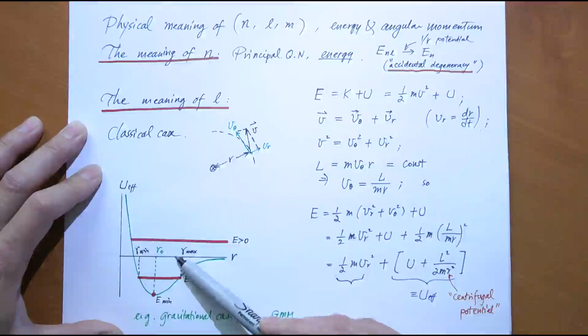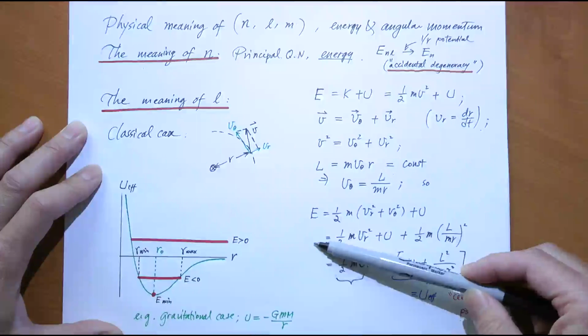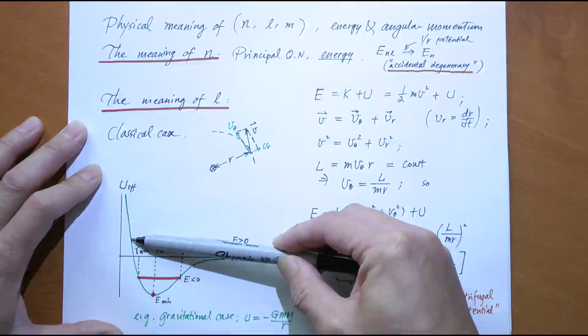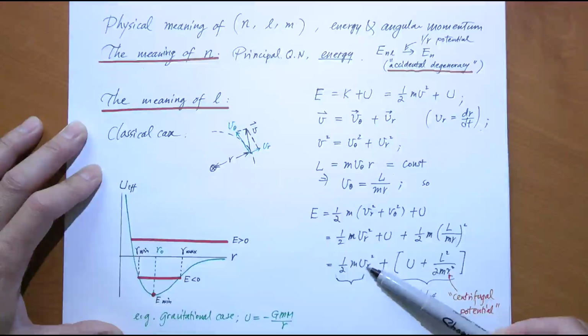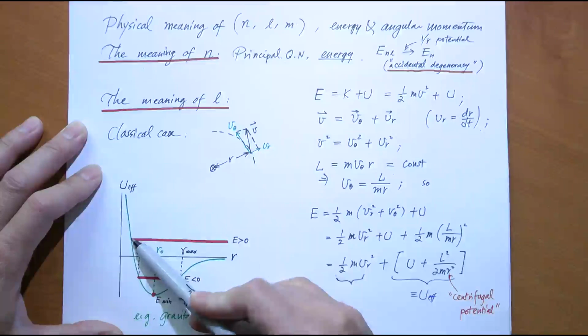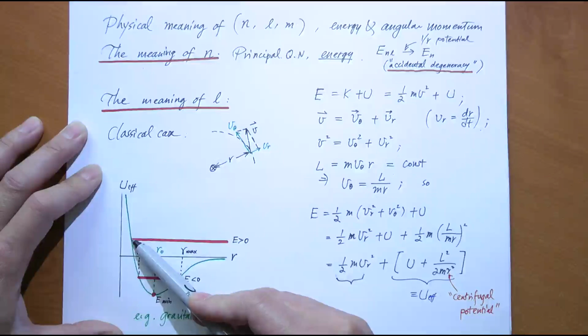When energy is positive, then the particle certainly can go to infinity, and in fact can come from infinity all the way in. When it reaches this point, however, the total energy equals U effective. Again, that's when VR equals 0. It no longer can move any further in. It has reached a turning point, so it comes back. So you can go from infinity to the minimum separation here.